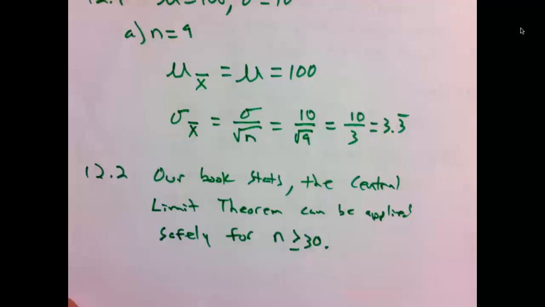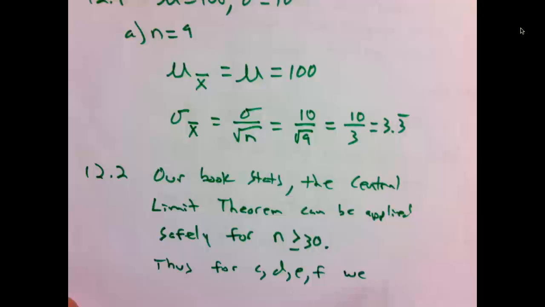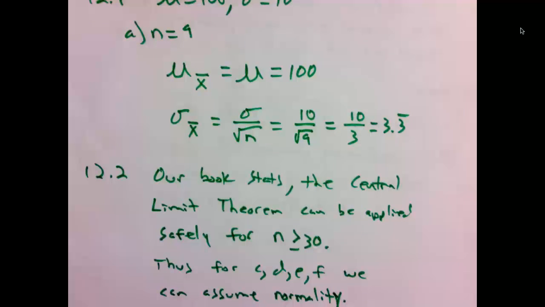Thus, for C, D, E, and F, we can assume normality, because all of these have n greater than 30. All right, with that, you should be able to deal with the rest of those problems.